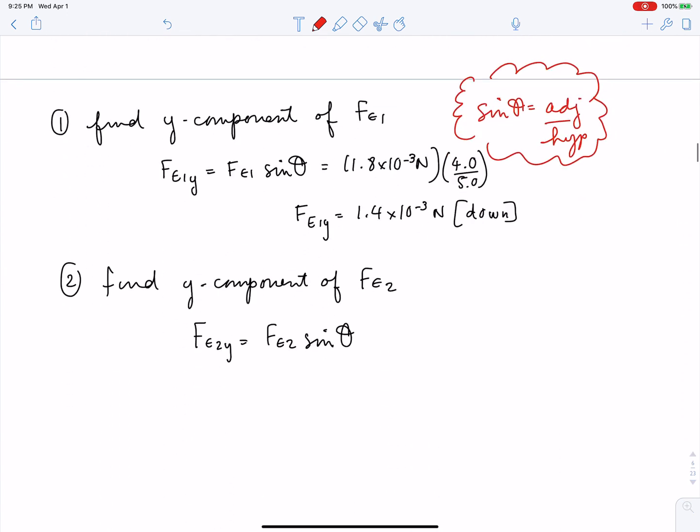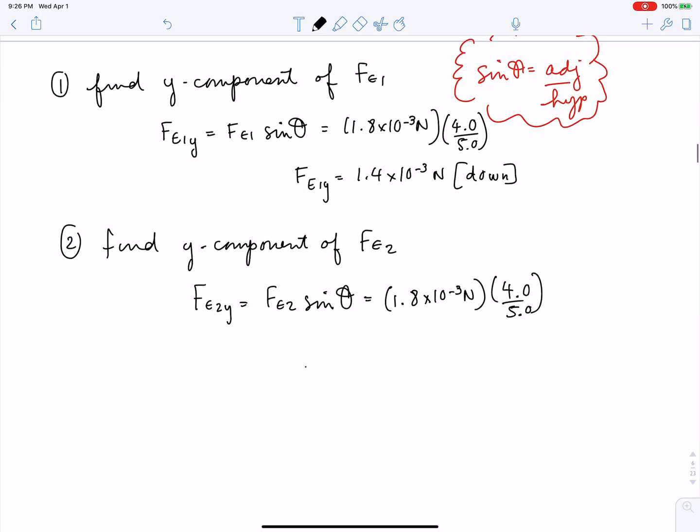So we can solve. That's the same as above. So it's 1.8 times 10 to the power of negative 3 newtons times 4 over 5. Fe2y is actually equal to Fe1y, which is 1.4 times 10 to the power of negative 3 newtons. And this time it's in the same direction as well.